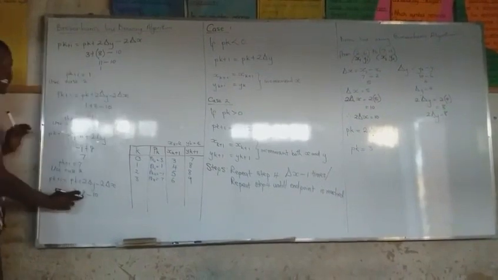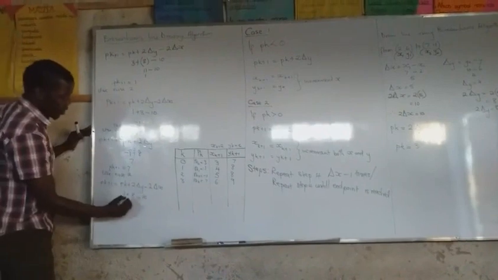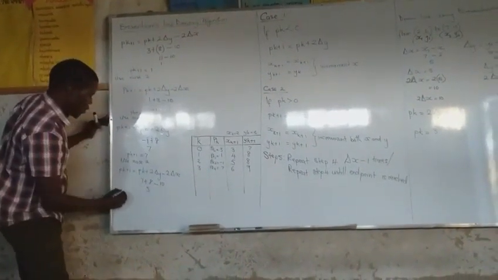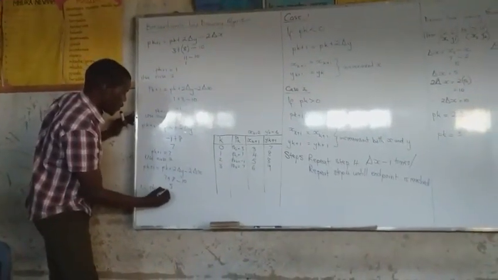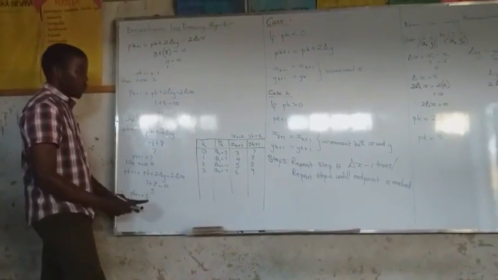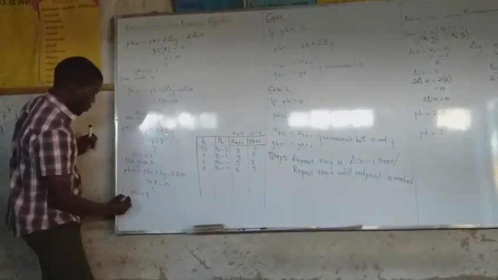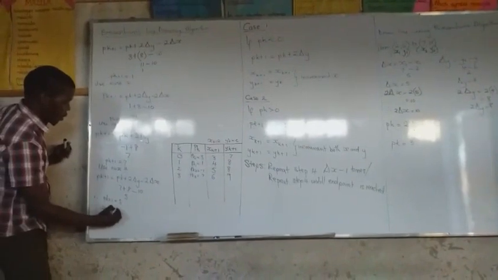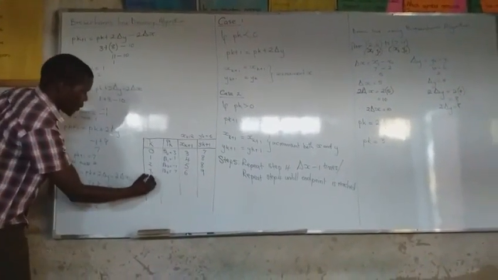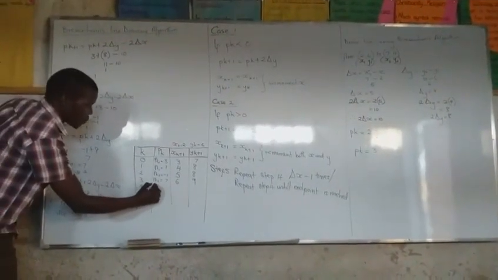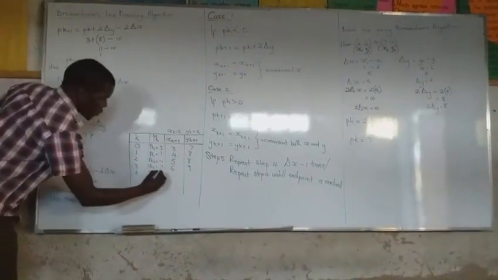7 plus 8 is equal to 15. 15 subtract 10, we get 5. Therefore, the next pk value is equal to 5. It is positive. So, again, we are using the formula from case 2. This is our pk4. pk4 is equal to 5, positive.